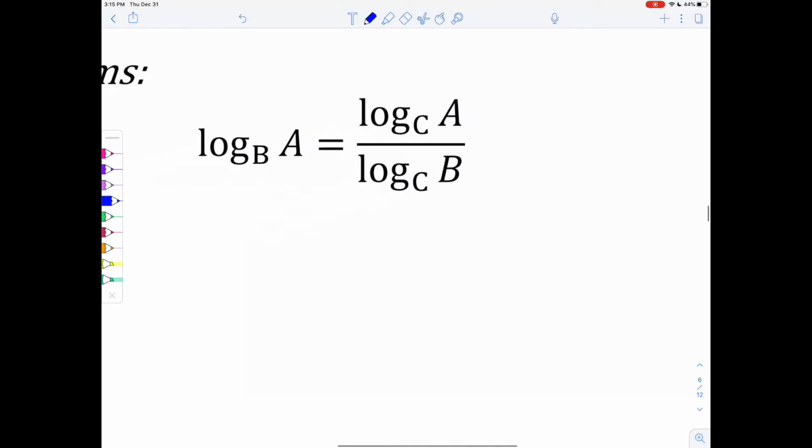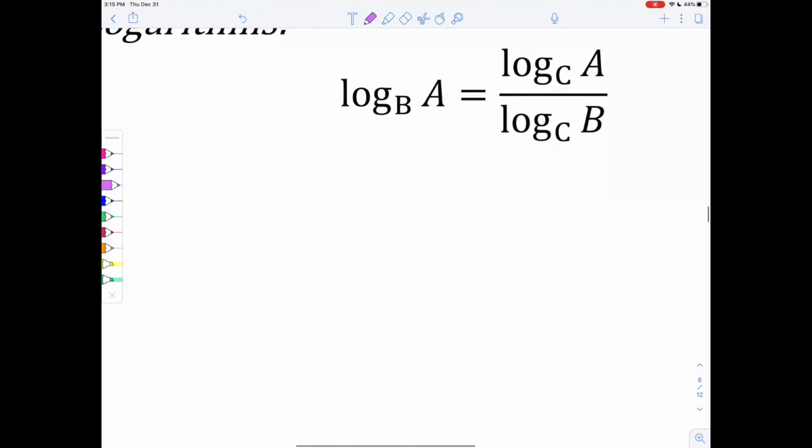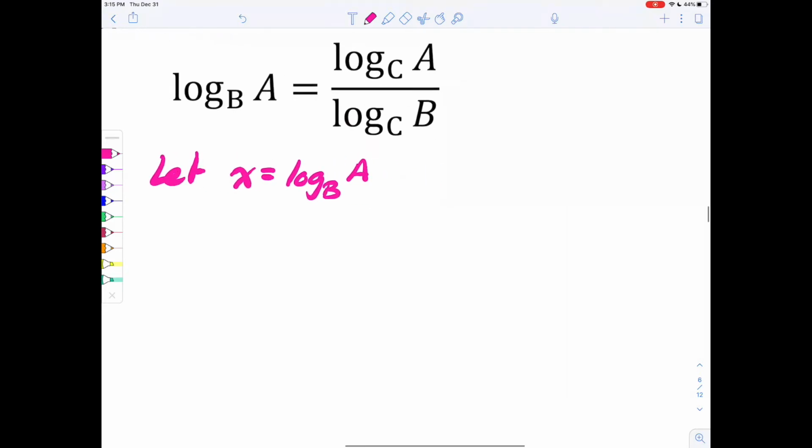So for this one, the let statement will be to let x be equal to our initial expression on the left here, which is log base b of a, which then means that a is equal to b to the x.